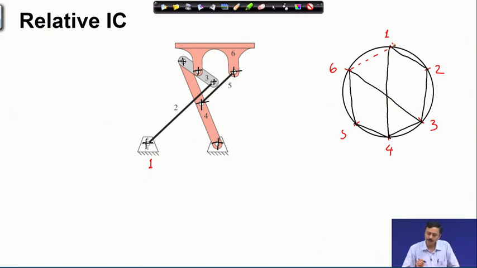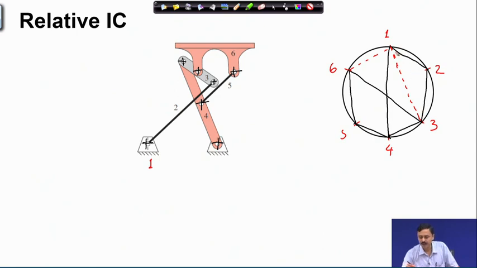So, a path with 3 rigid bodies, and I have none. But then if I can find out I 1 3, then I have one path involving 3 rigid bodies, one will be 1 3 and 3 6. So, let us try to find out I 1 3.